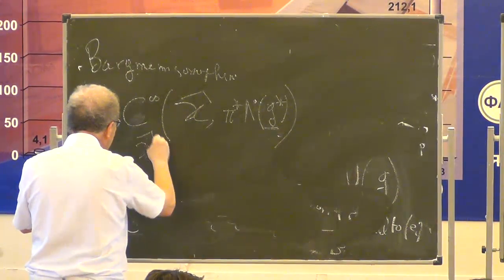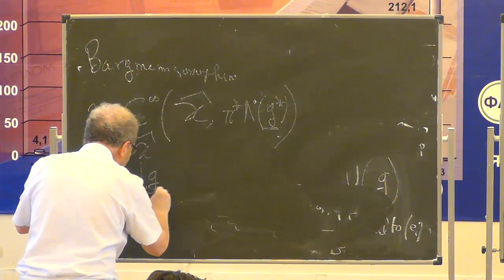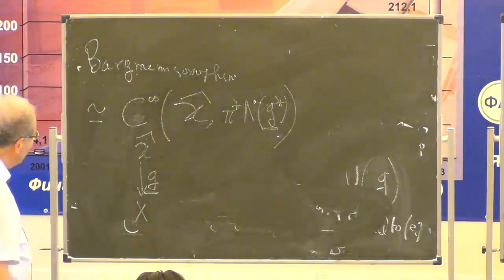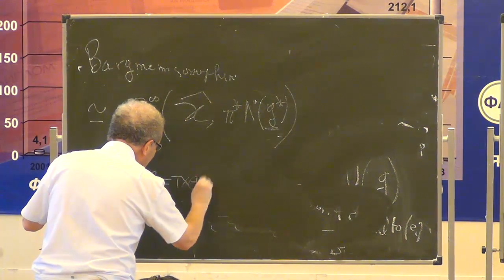And the space X script is just the total space of the vector bundle G bar.